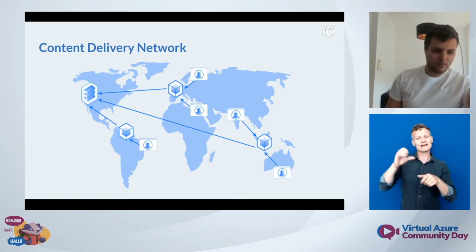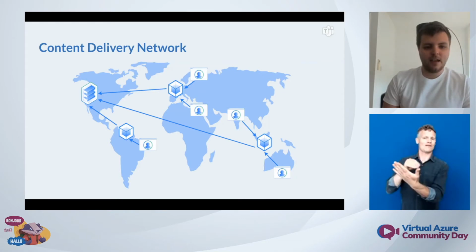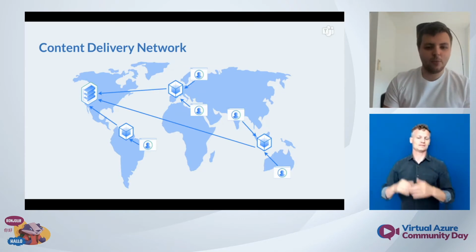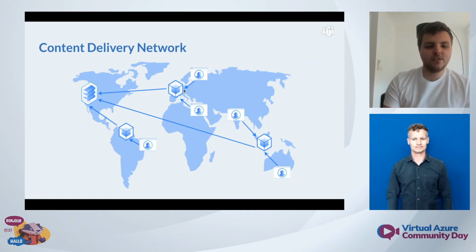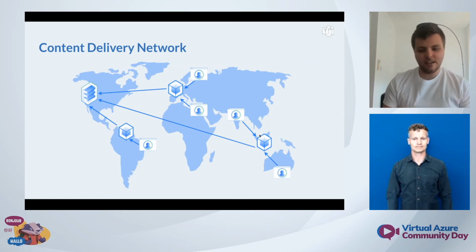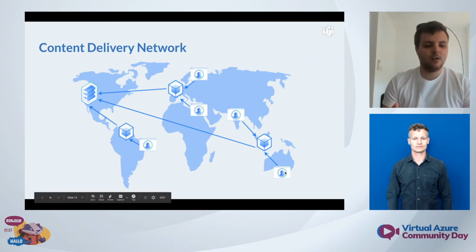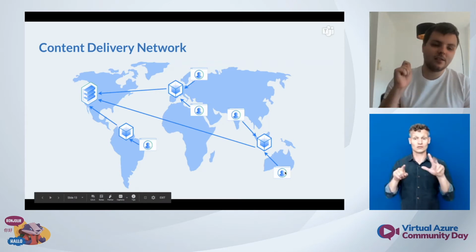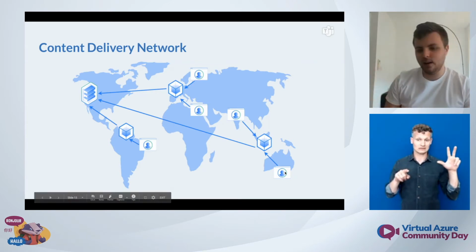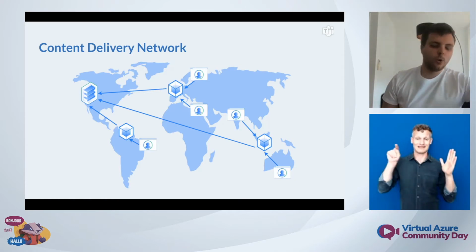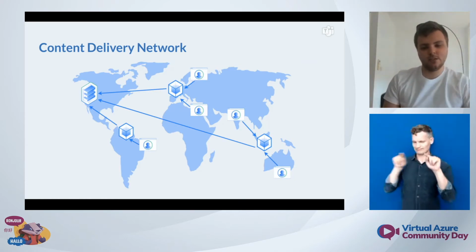So in this case, for example, we have an origin server that lives on the west coast of the US, and we can then see that we have individual nodes of our CDN, and they live across the world. And then when a user in, for example, Australia requests content, they get served a cached copy from the CDN in Southeast Asia, rather than having to connect all the way across the Pacific Ocean to the west coast of the US.